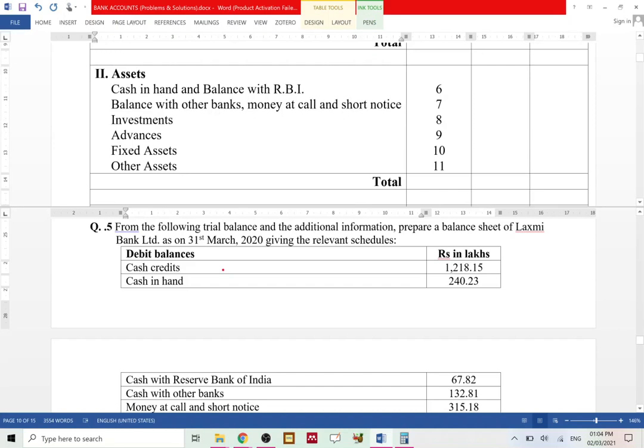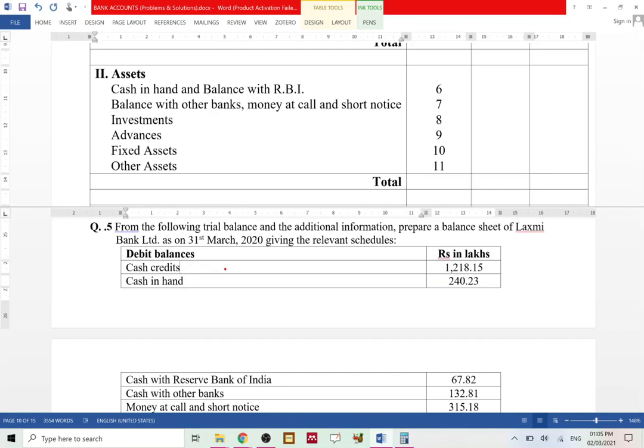Cash credits, it's a debit balance. Where will we have cash credits? All these debit balances will go under assets, alright, they are all assets, and in this case cash credits basically mean a type of short term loan that is given.